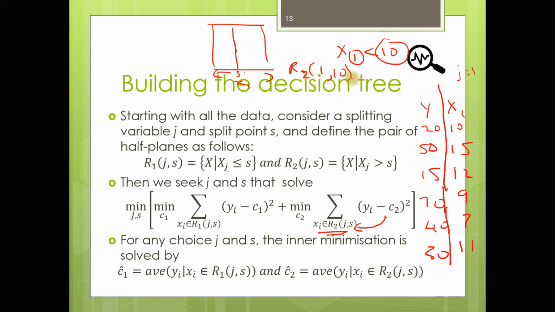R2(1, 10) means what? All values of x1 greater than 10, because remember that this is talking about values greater. So for x1 greater than 10, we are going to take the average of y.